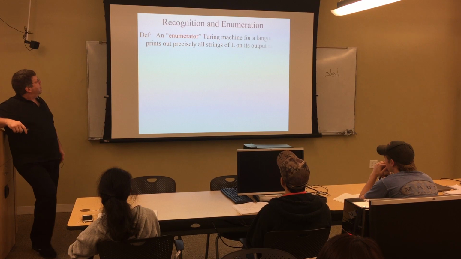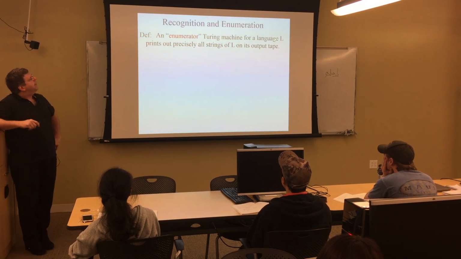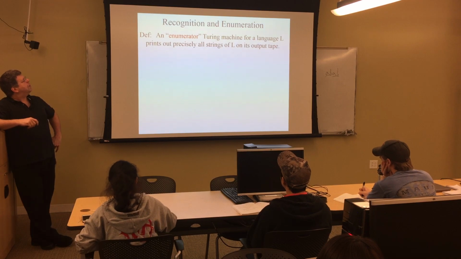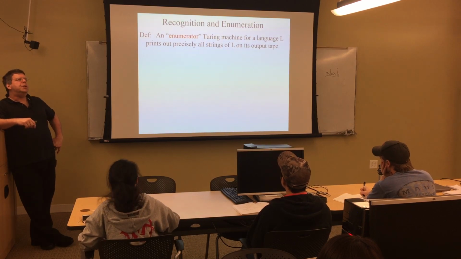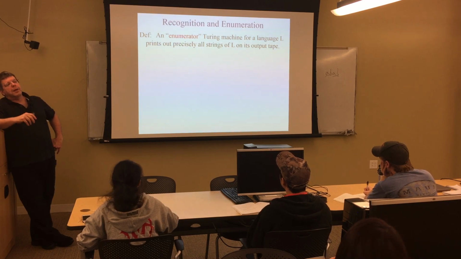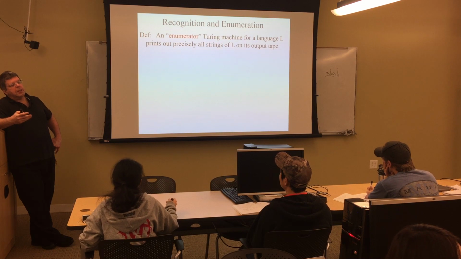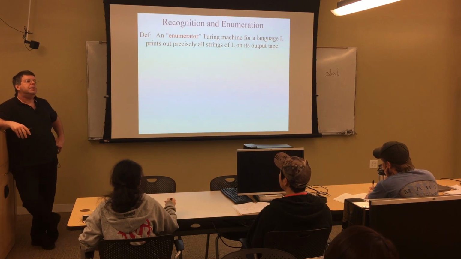Anyway, so a few more definitions. An enumerator basically prints out all the strings in the language, all of them. In what order? I don't care. You can easily have a Turing machine, or an algorithm or a program, that prints out all prime numbers.